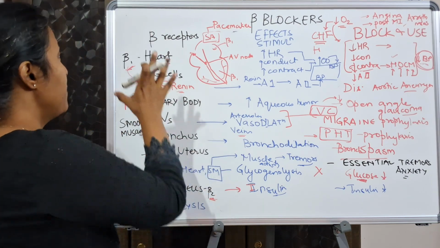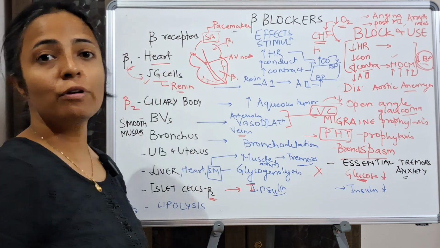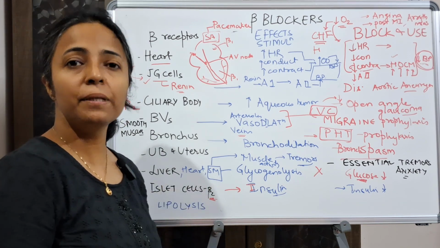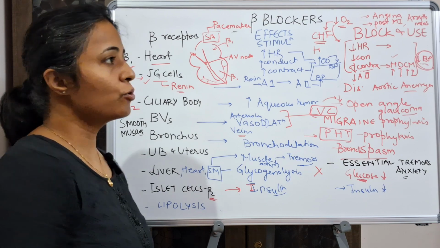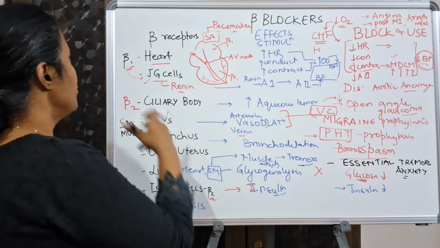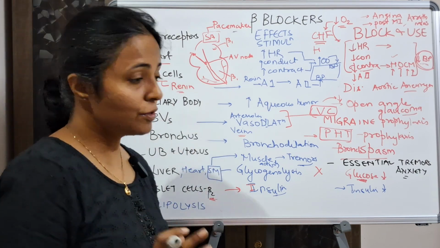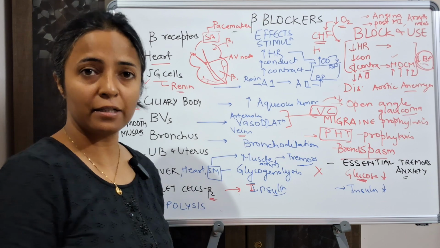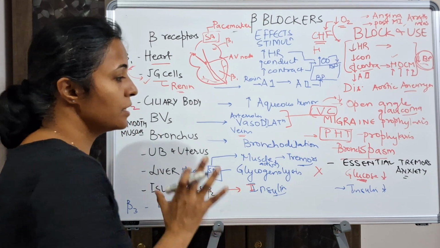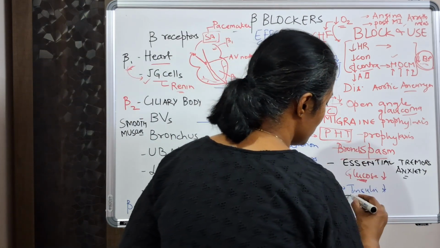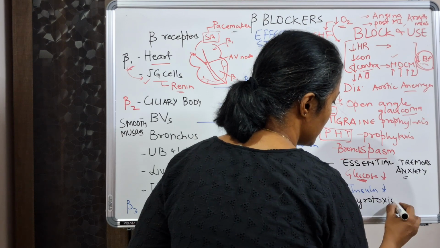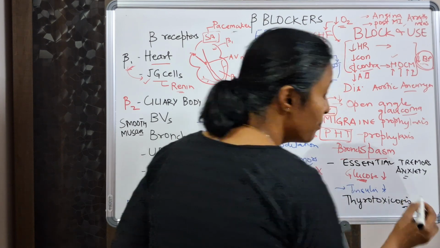Then you see, by blocking beta 1 and beta 2 effects, you are blocking the effect of sympathetic activity. Even when epinephrine and norepinephrine are released, they are not going to act on these beta receptors. So we say that it is blocking the effects of sympathetic activity. Because of this, it is used in thyrotoxicosis, and also preoperatively.